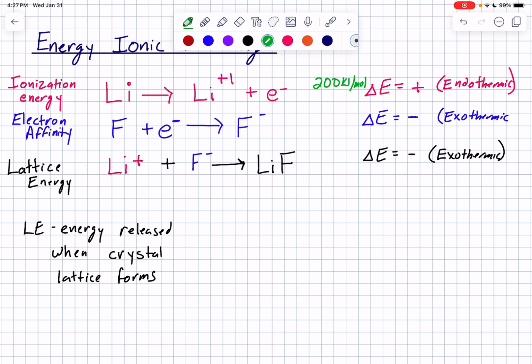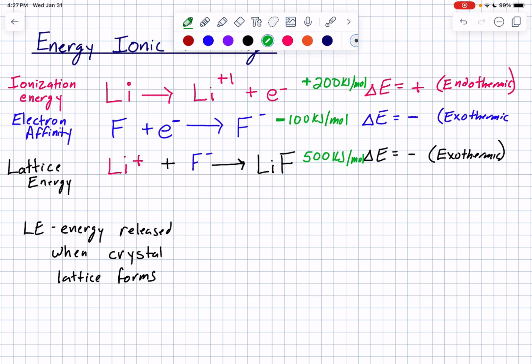Let's say that my electron affinity, because of that attraction, that I have 100 kilojoules per mole released. Since my lithium fluoride crystal lattice is going to release a lot more energy, I'm going to say that it releases 500 kilojoules per mole.